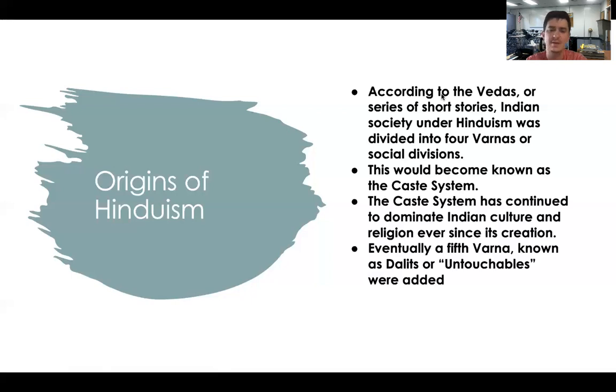It's just dominated Indian culture. So there are four original Varnas, and then eventually a fifth was added, known as Dalit, or untouchable. So Hinduism essentially develops out of the Vedas, if you will, out of these short stories.